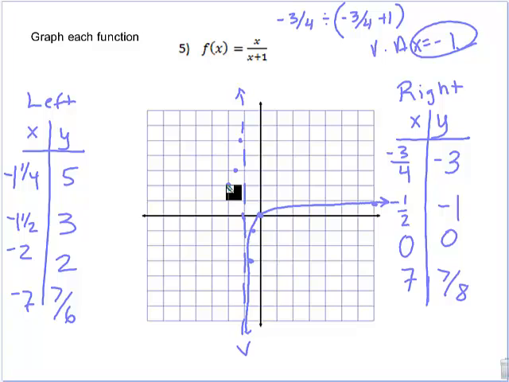And then over at negative 7, 7/6 is just above 1, so we're going to keep that value just above the 1. And then from those points, we see we're really close to the vertical asymptote here, and so we'll go down. You see it curves a little, and we go out to hit that line. So there's our rational function.